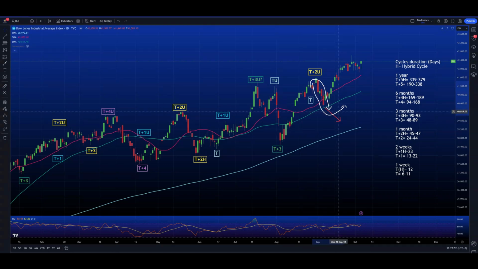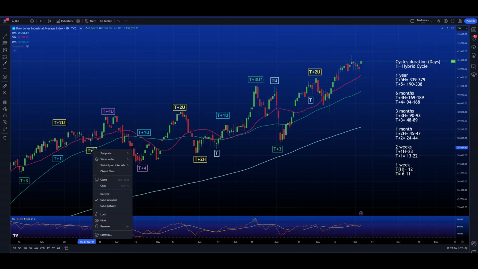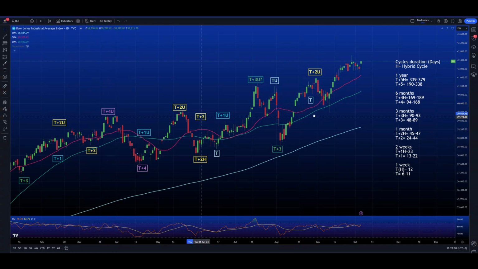Therefore, here we can remove the arrows. And regarding the time between the lows, here we had 26 bars. So here we definitely had a T+2 now for the Dow Jones, something that didn't happen for Nasdaq and Standard & Poor's.